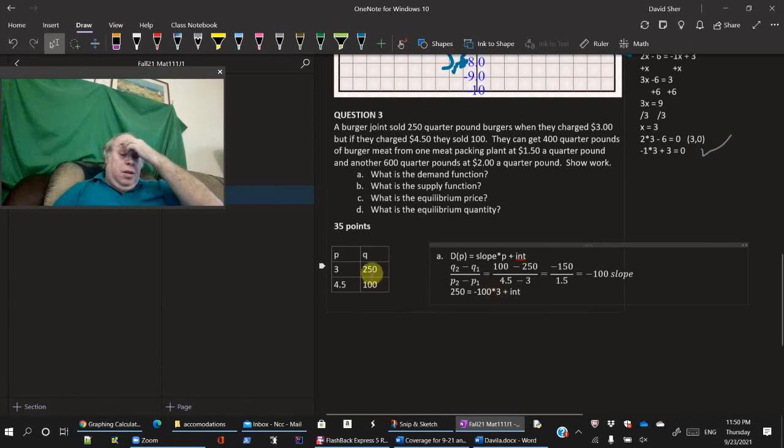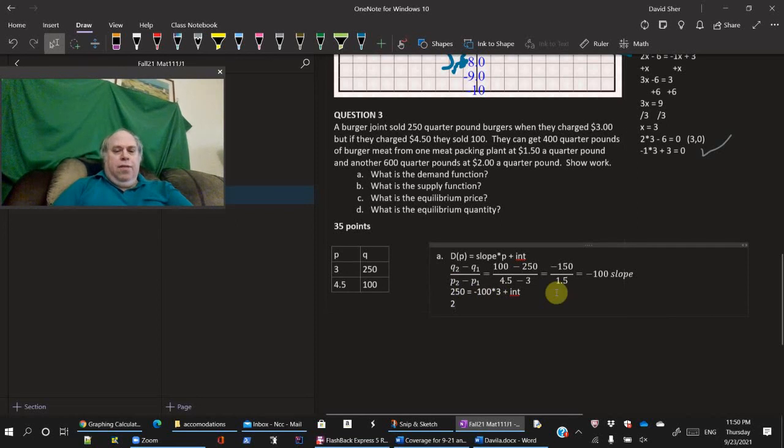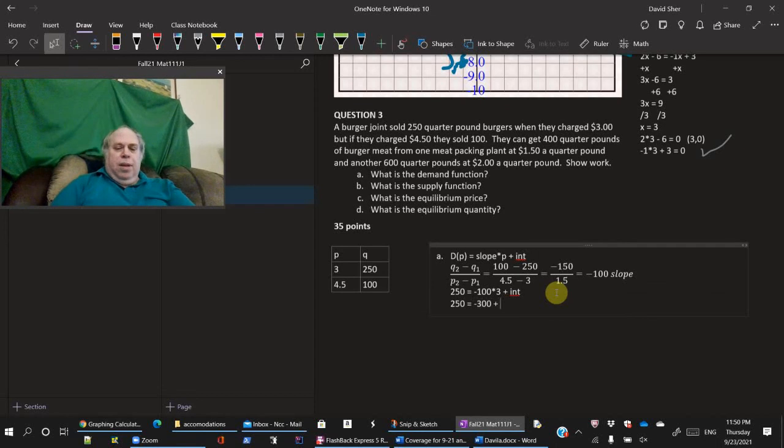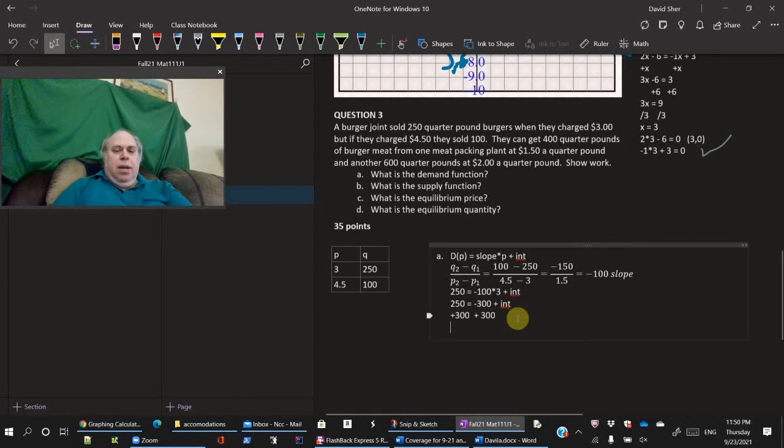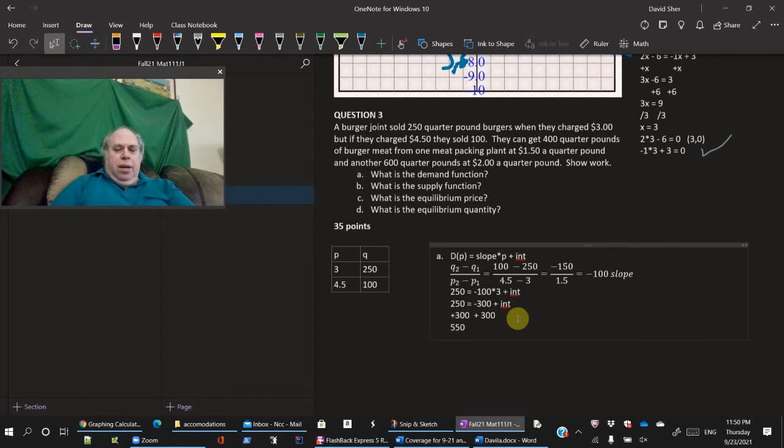So 250 equals negative 300 plus the intercept. I'll add 300 to both sides. By the way, the intercept is always positive in demand functions. You should always have a negative slope and positive intercept, and 550 is the intercept.